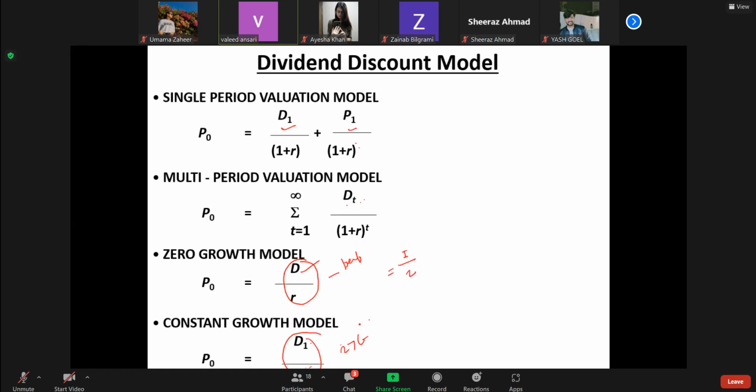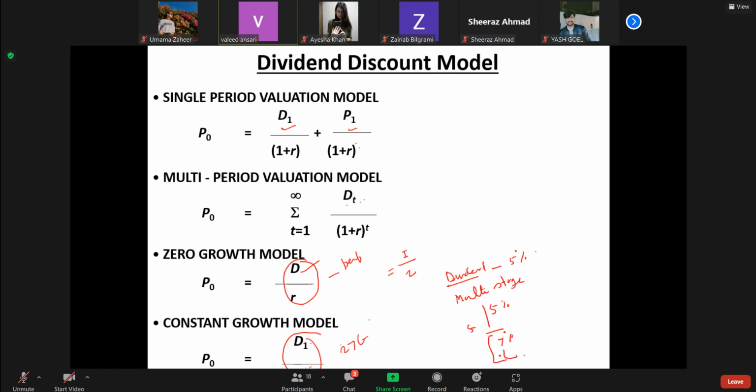And as I said, in this formula there are various modifications. For example, we are assuming that the dividend will grow at a certain rate forever, 5% forever. Now this may be multi-stage, and we assume that the dividend will grow at 5% for so many years, and after that it will grow at 7%, and then it will decline to another rate.